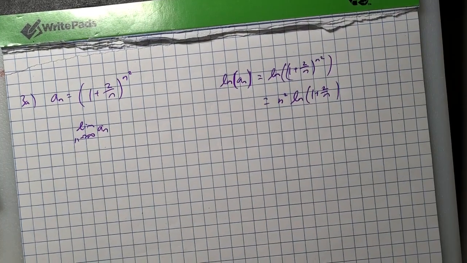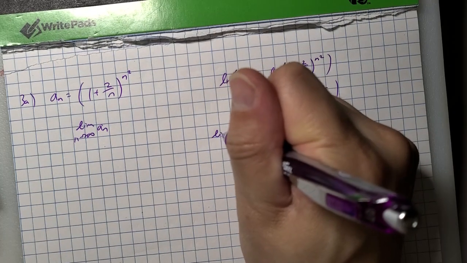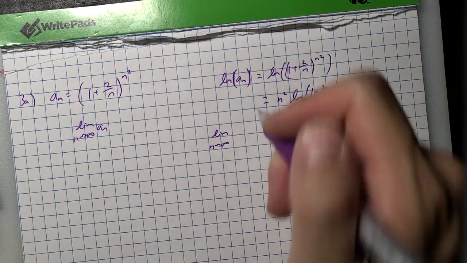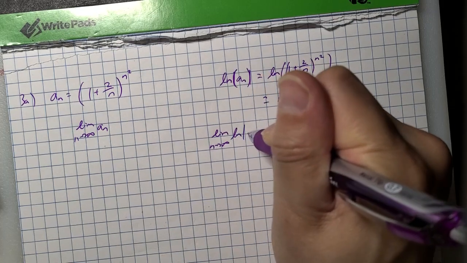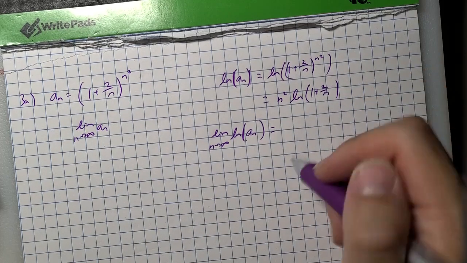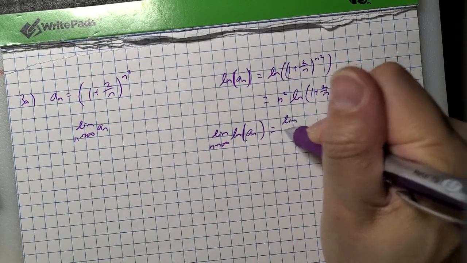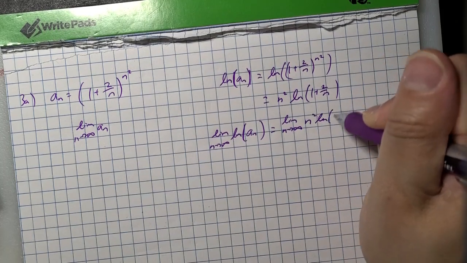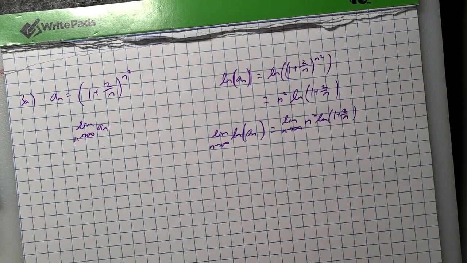Okay. So the limit as n goes to infinity of natural log of a sub n is equal to the limit as n goes to infinity of n squared ln(1 plus 2 over n), okay?